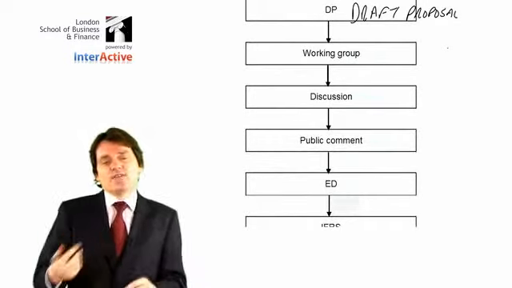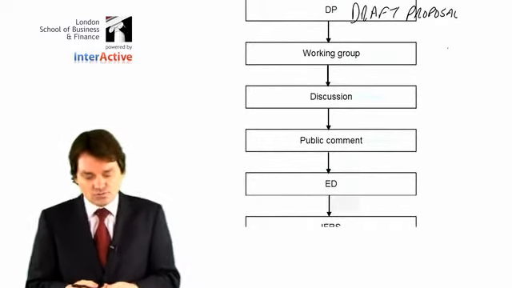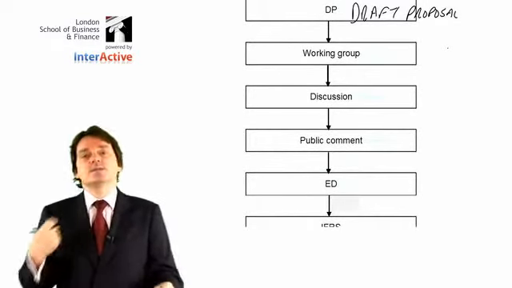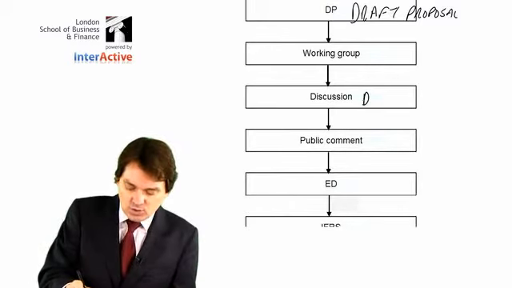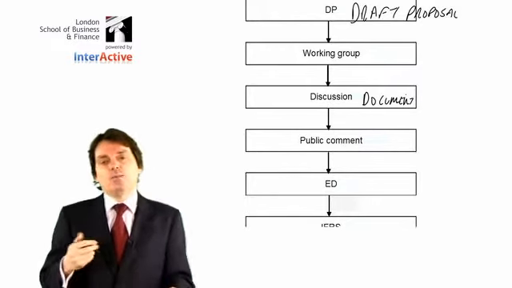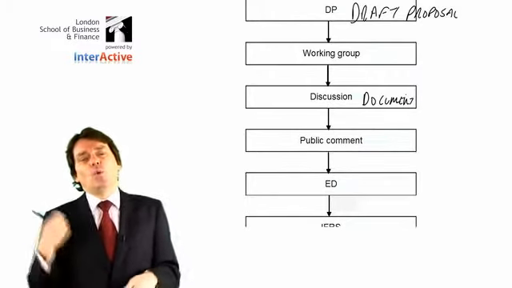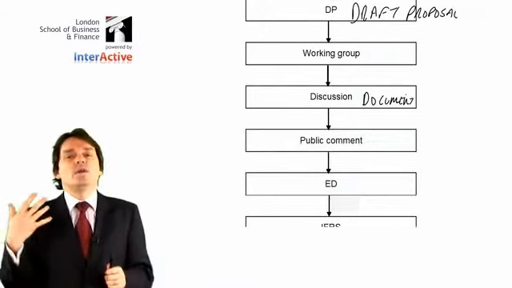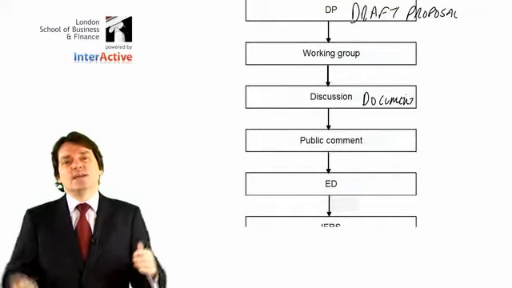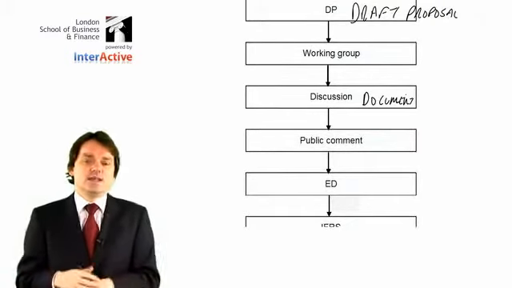They will put together a working group, and the working group will come up with some suggestions. They will then have what they call a discussion document. So the idea is that they will publish, this is what we think, this is our initial thoughts on the idea. We think we should look at loyalty schemes and treat them like this in the accounts.